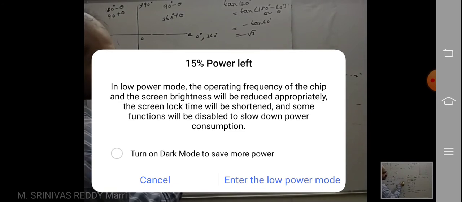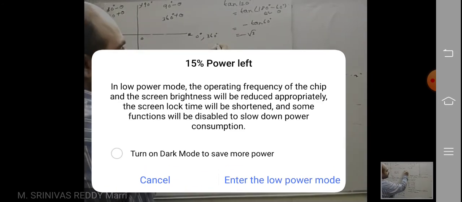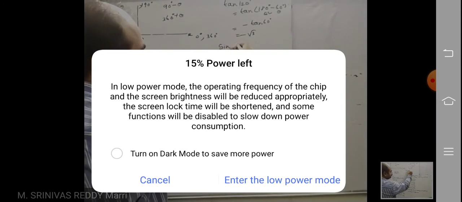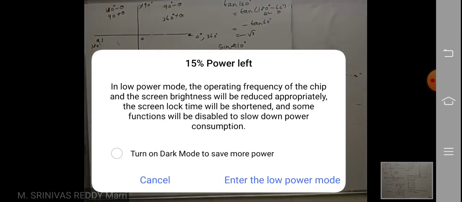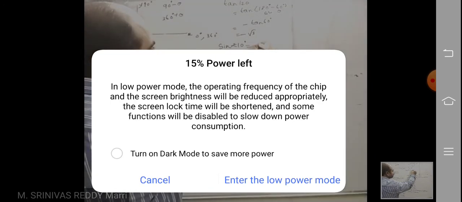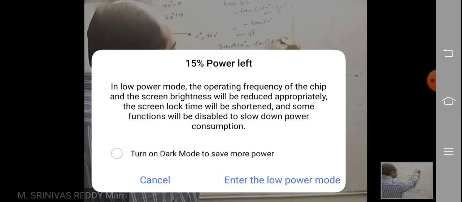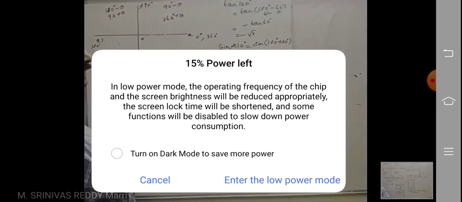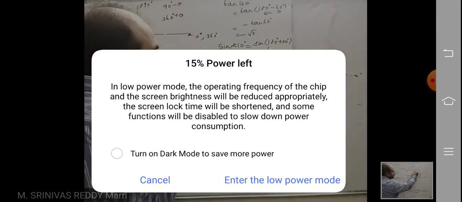Suppose 180 plus theta. Look at sine 210 degrees. 210 is nothing but 180 plus 30. 30 I know, it is a standard angle in the table. So this is 180 plus theta.